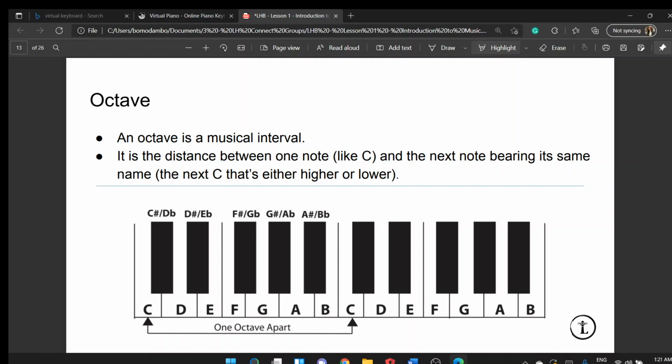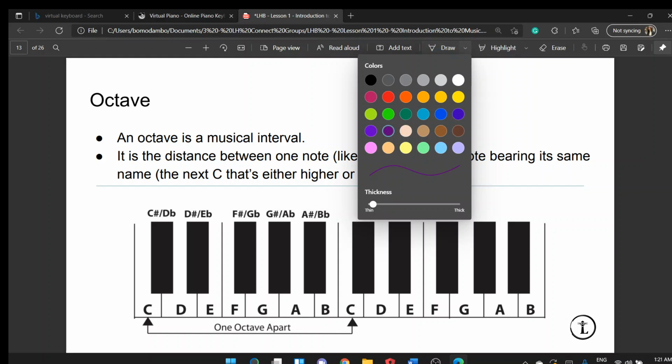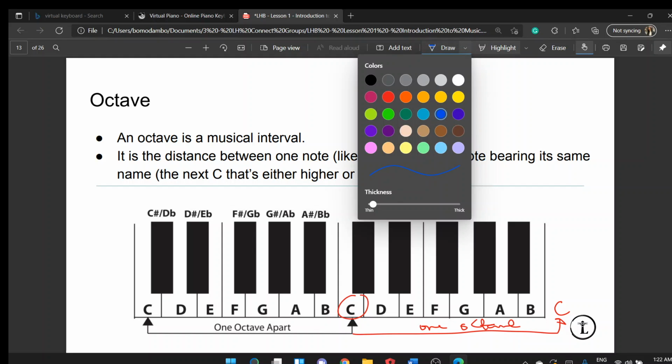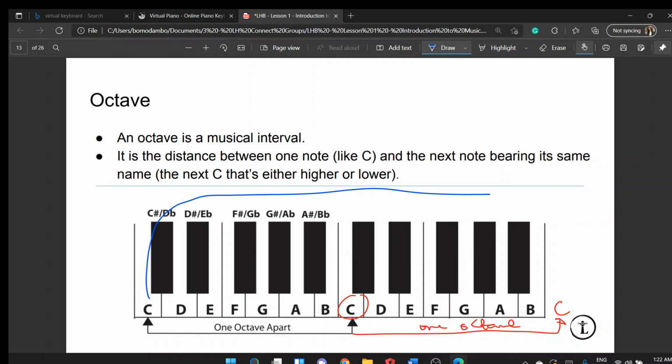Now that next note can either be higher or lower. So for example, if we have another note here, C, and if this is one octave apart and this is another one octave apart from this one, then this note here and this note here would be 2 octaves apart. So this would be a higher pitch than this one, and this would be an even higher pitch than this one.